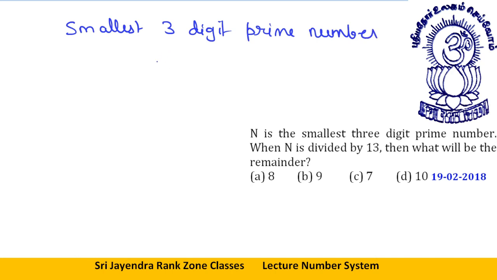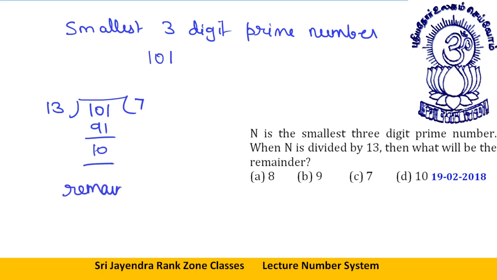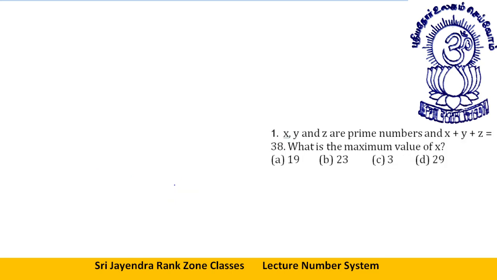That will be what? That is 101. Now, if you divide 101 by 13, you will get what? 13 into 7 is 91. What is the remainder? 10. So the remainder is 10. Let's move to the next one.